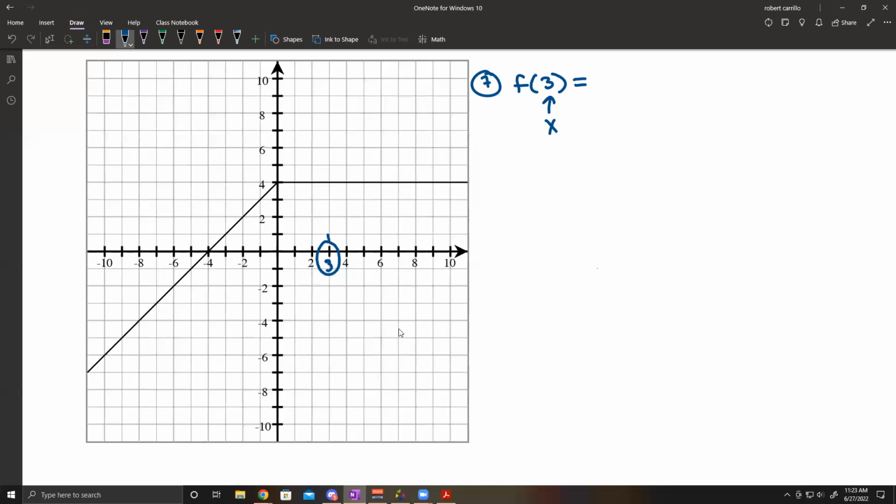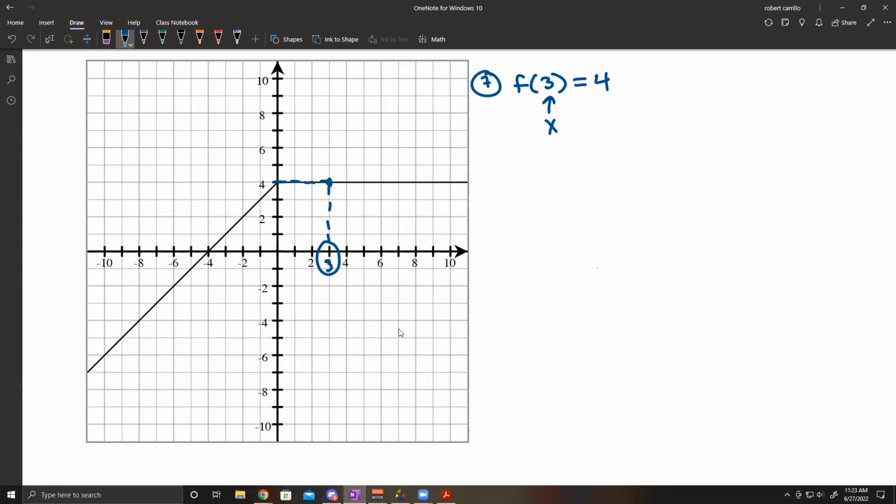This means we go up to the graph and find that value of y that connects those points. So when x is 3, f of 3, or the value of y, is 4. That's how you read the graph.